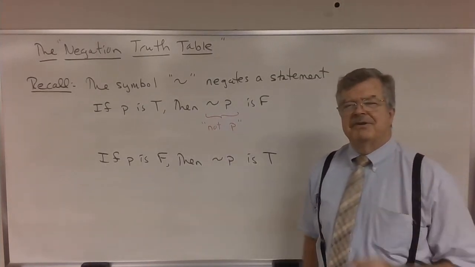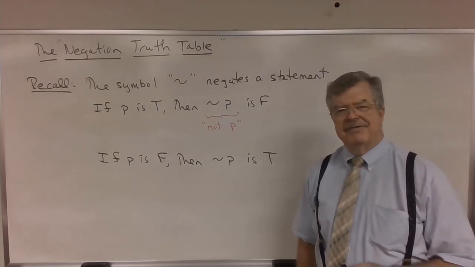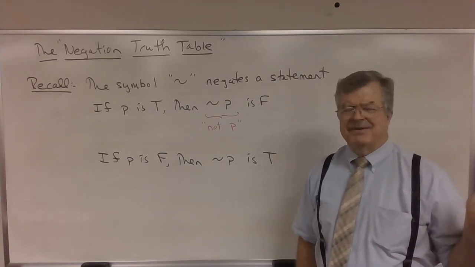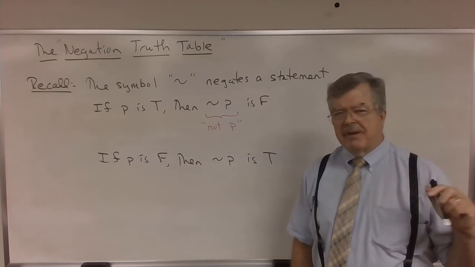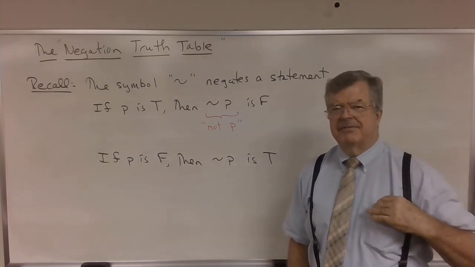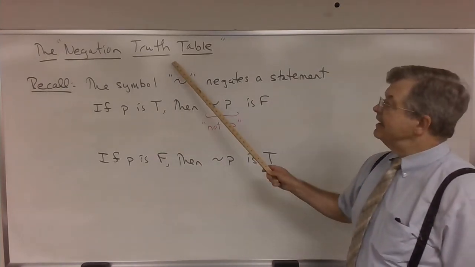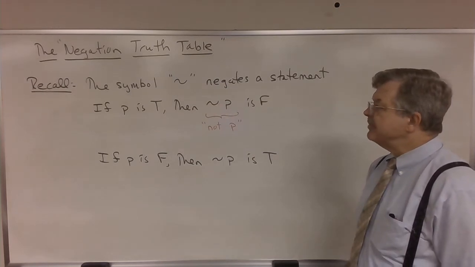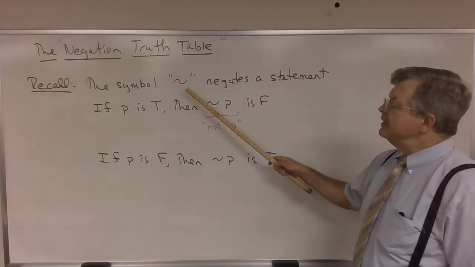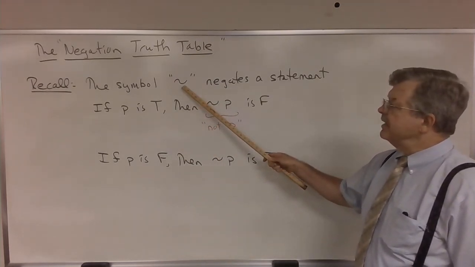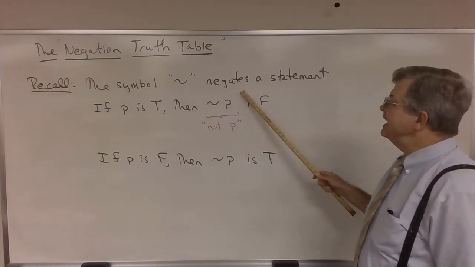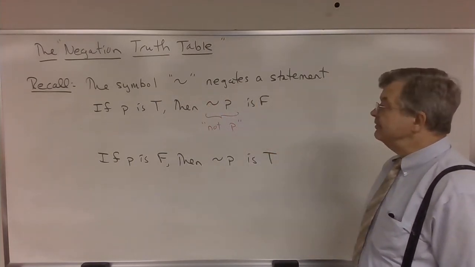What I'm about to do next is very trivial. I guess I have to do it, but it's something that's pretty obvious, and that's the negation truth table. Remember last time we talked about this symbol, and this symbol negates the statement that follows.